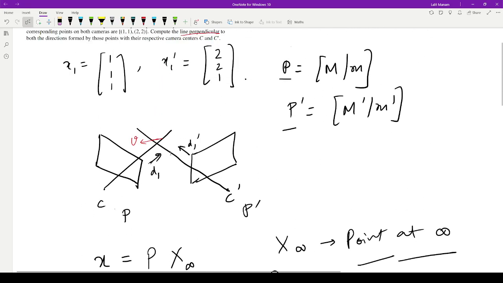Now how do we get the perpendicular direction v? Perpendicular to both d1 and d1 prime.